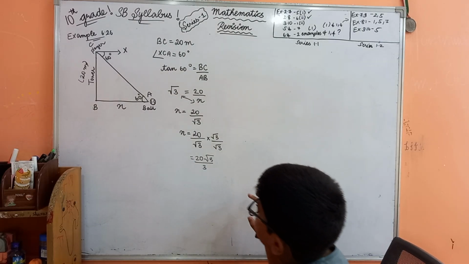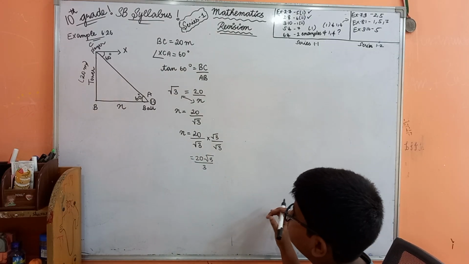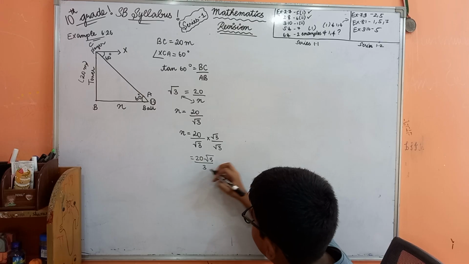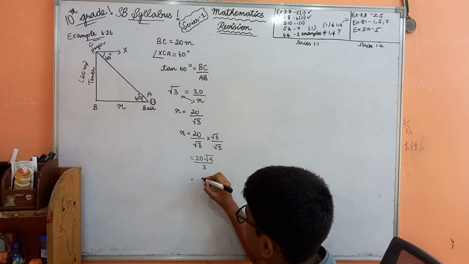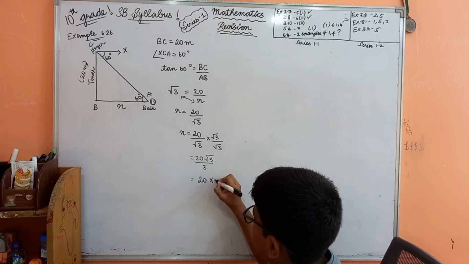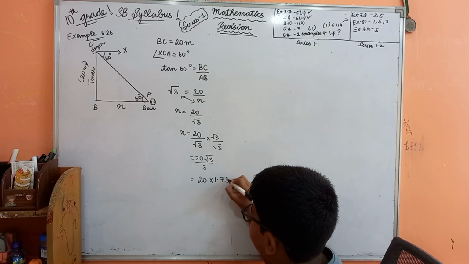They have given the value of root 3, so we know that root 3 is 1.732.